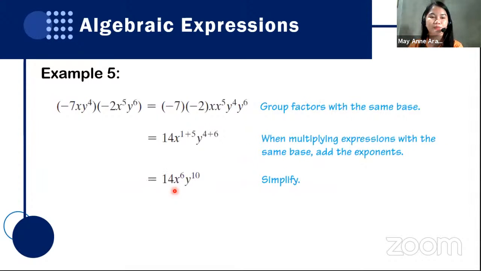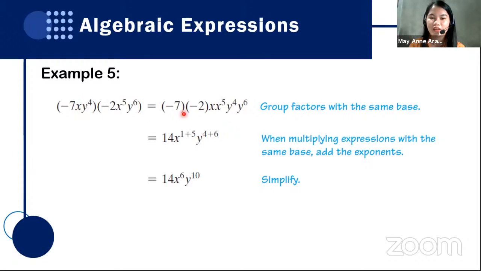Another example. We will multiply negative 7x times y raised to 4 times the quantity of negative 2 times x raised to 5 and y raised to 6. We can just group the factors with the same base. So here, we group the two constants, which are negative 7 and negative 2, then x and x raised to 5, and y raised to 4 and y raised to 6.